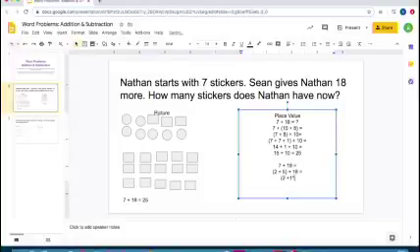We know that when we're adding, we want to try to make the numbers as easy as we can, right? So now I have 2 plus 18, which is 20, and 20 plus 5, which equals 25. This is actually not a place value strategy, but this is making friendly numbers.